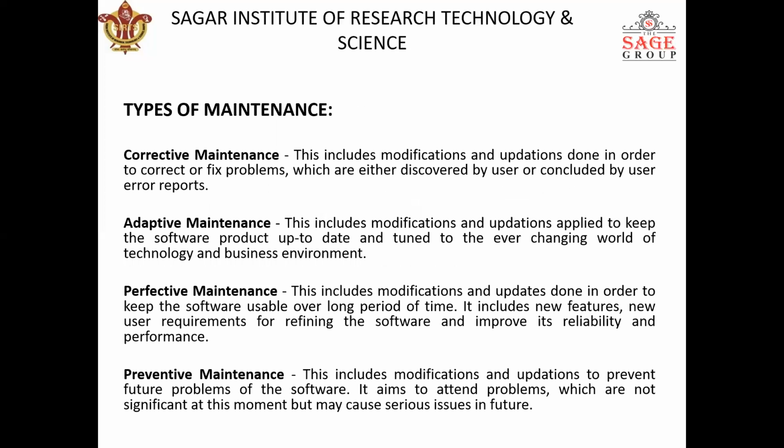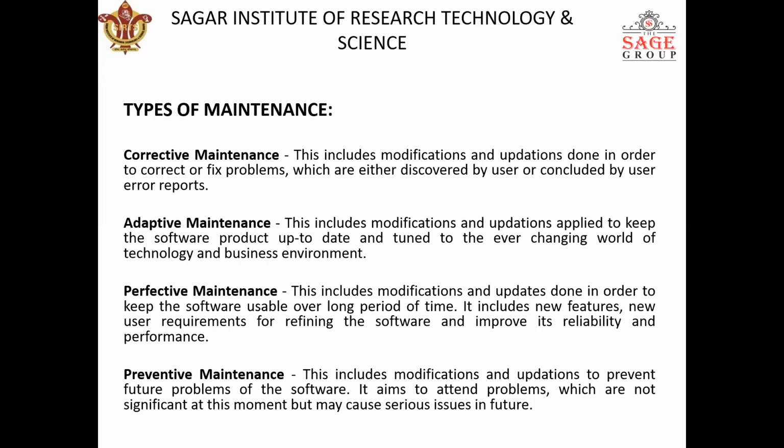So we see the definition of corrective maintenance. This includes modification and updation done in order to correct or fix problems. Means corrective maintenance is related with correction or fixing the problems, which are either discovered by the user or concluded by the user error report.